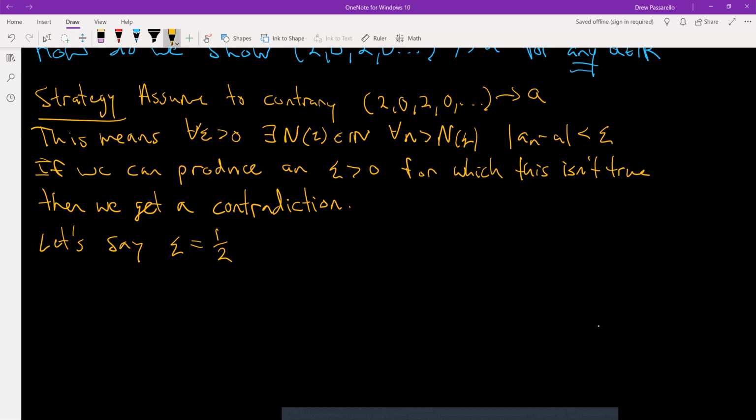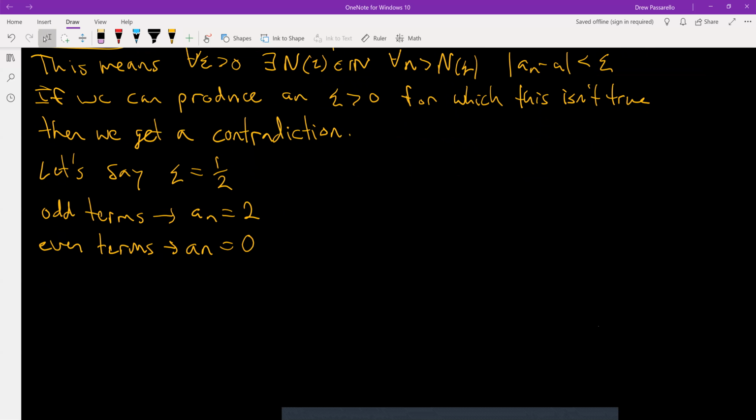Now we know for our odd indices, our odd terms are 2 and our even terms are 0. All right, so let's do the cases.